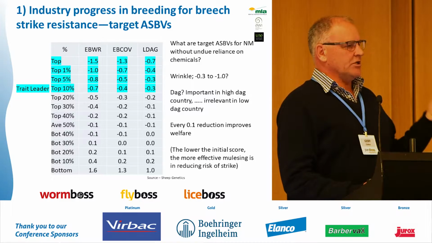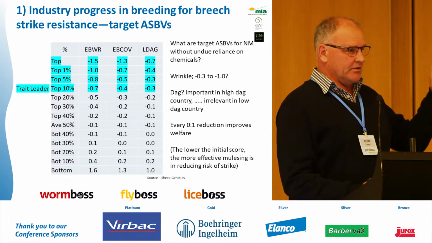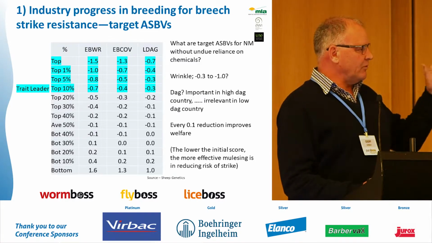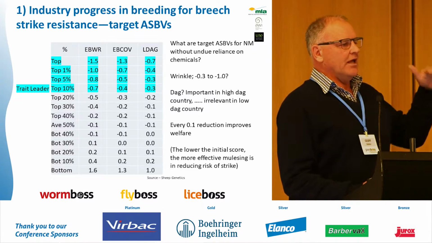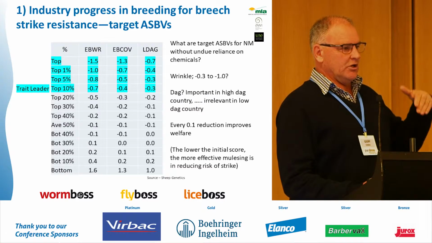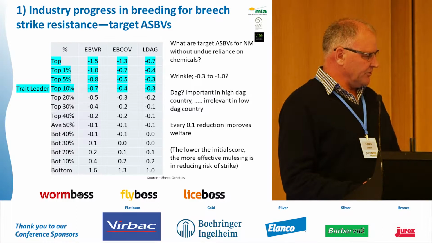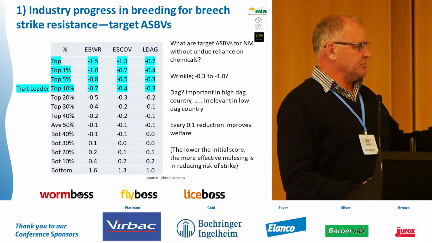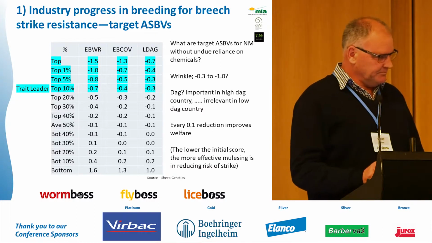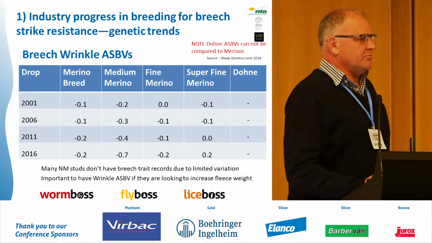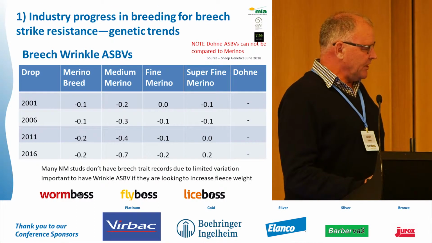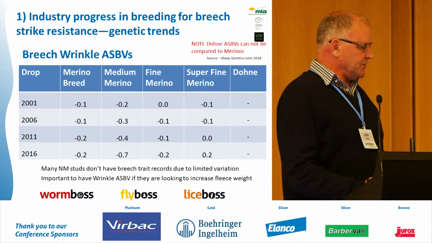And even if you're mulesing, if you're starting off at 0.8 in terms of breeding value or even a phenotypic score, every 0.1 reduction you get is more beneficial to you, and clearly it's more beneficial to you if you're non-mulesed.